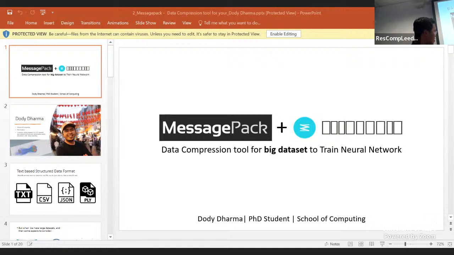And this MessagePack is also supported by over 50 programming languages. Yeah, also in Arduino and other platforms. So the difference is this is binary, and writing and reading is much faster.